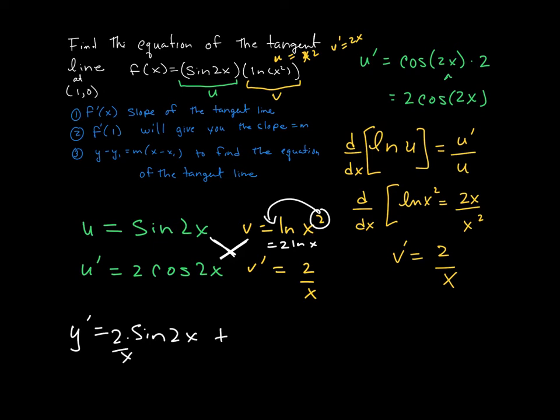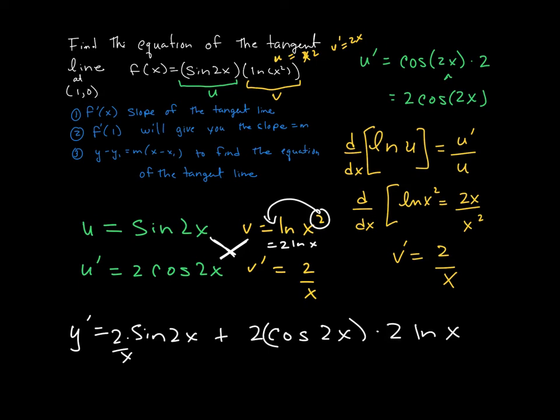I add that to my other product, the 2 cosine of 2x times, and you can use either the natural log of x squared or 2 natural log of x. It does not matter which one you use for it, because when you go through and plug that in, you're going to get 2 cosine of 2x times 2 natural log of x.